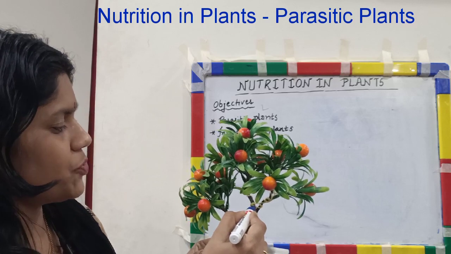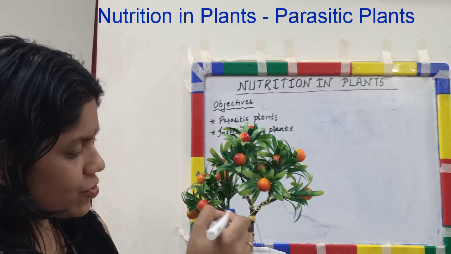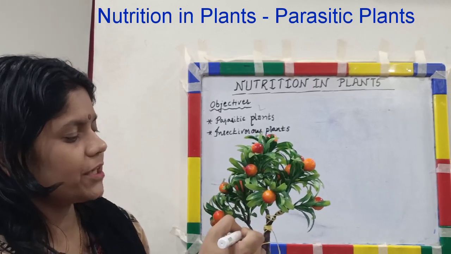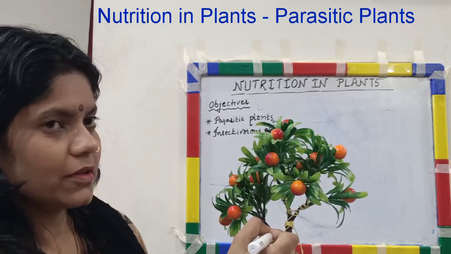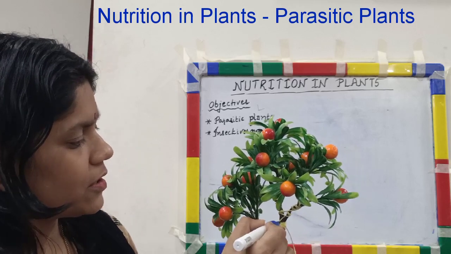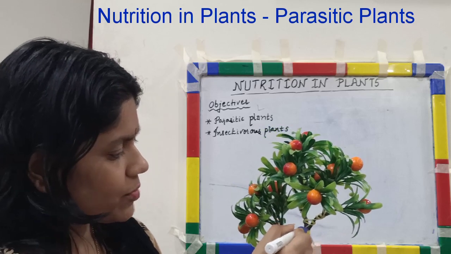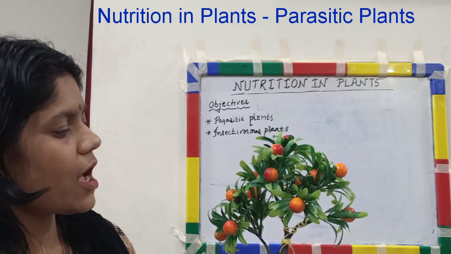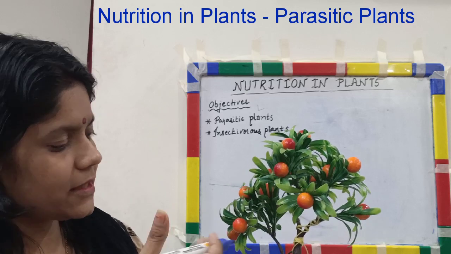This plant is Cuscuta and as you may see, it does not have any green leaves. So how would it obtain its food? This plant obtains its food by sucking the nutrition from the host plant. So in today's class, we will observe how a parasitic plant takes its nutrition.